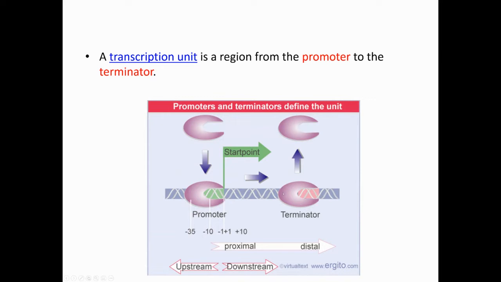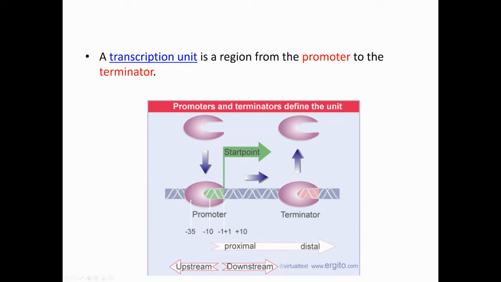So a transcription unit is basically the region from the promoter to the terminator, all right? The promoter, of course, is the place where the RNA polymerase binds. And the transcription start site is the first nucleotide they transcribe, all right? The first nucleotide they transcribe, we always designate as +1, and the nucleotide before the starting point is -1, okay?